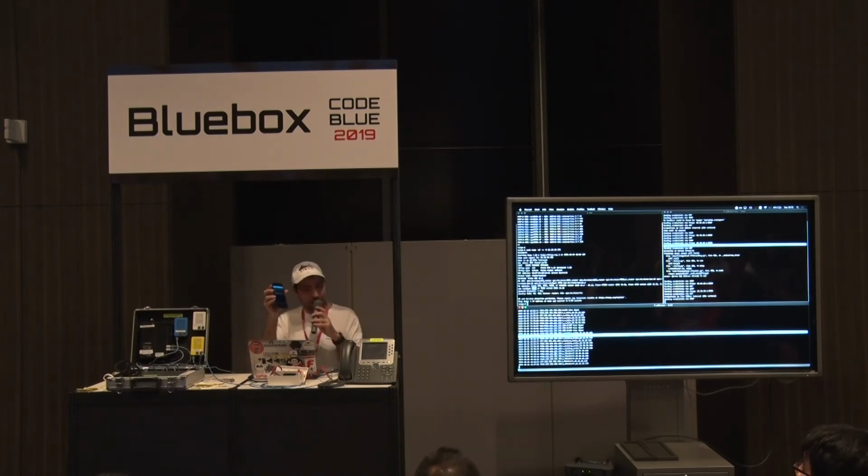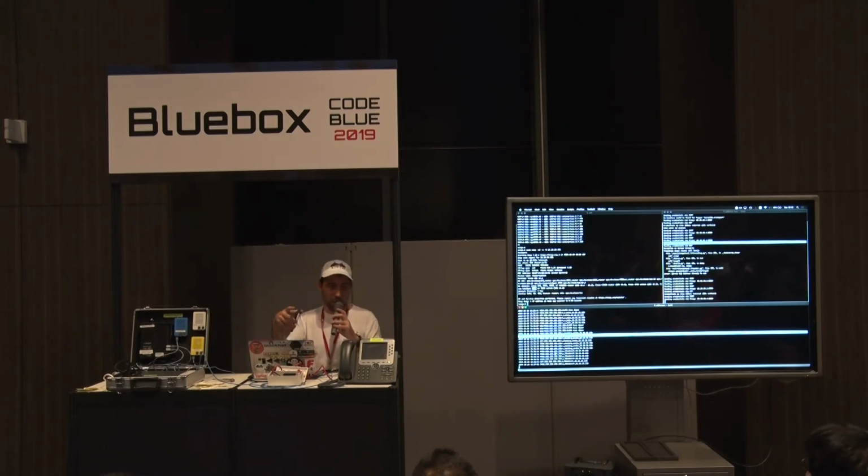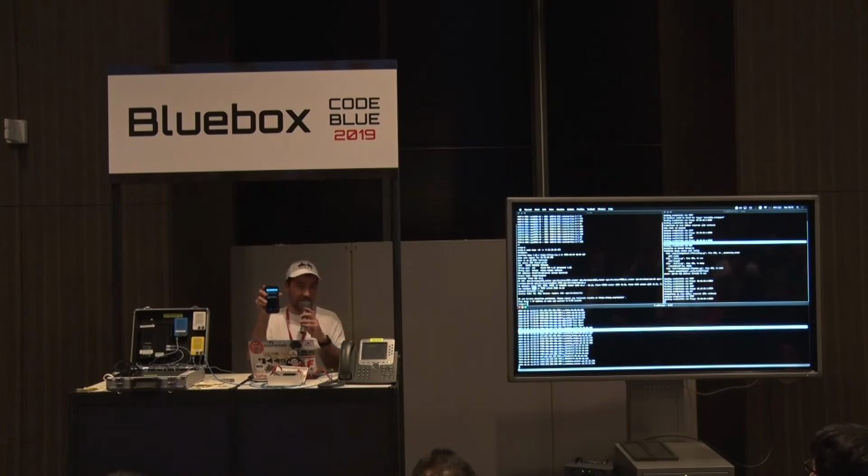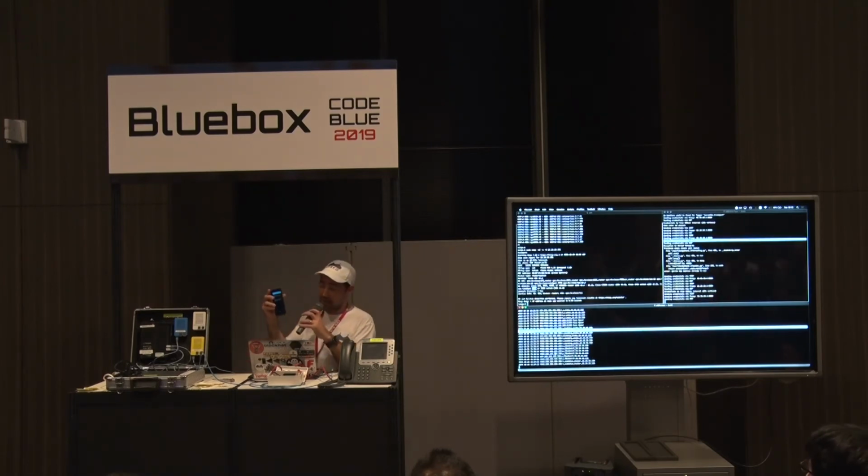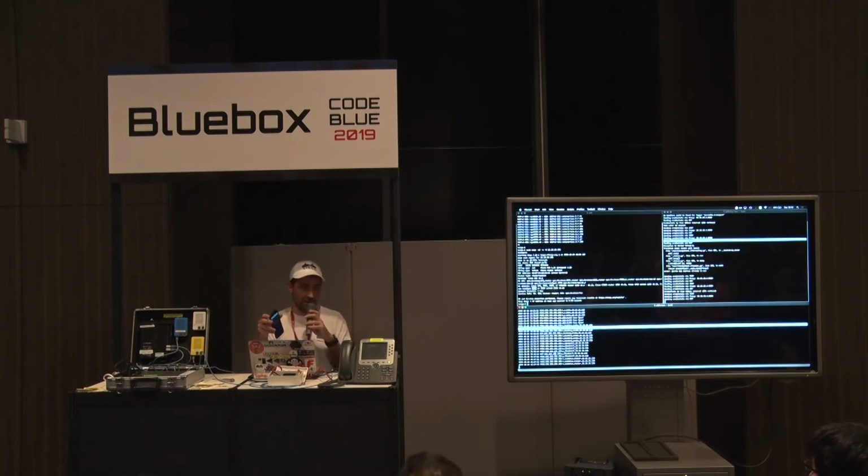A UUID. So when I put this box into the network, I have this on in my pocket. When this box first boots, the first thing it does is look for this specific Bluetooth ID service, and the UUID is 128 bits. That is the encryption key for the actual partition.